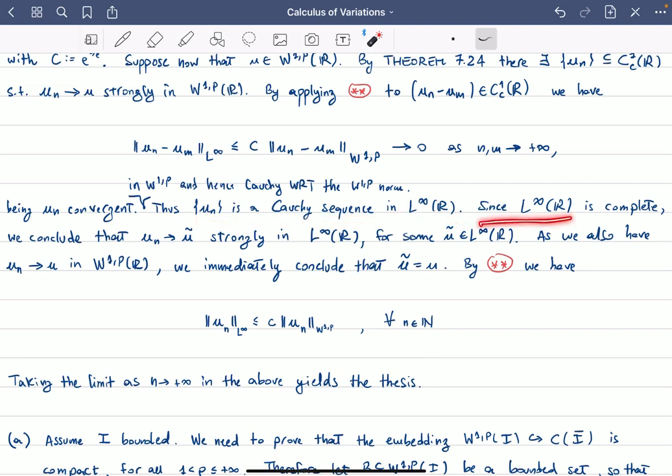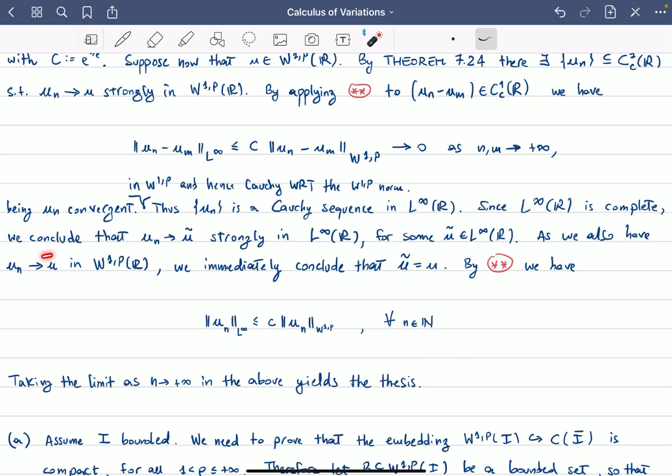Now remember that L infinity is complete by a theorem that we saw, in one proposition. I will reference it later, as I don't remember the number exactly.